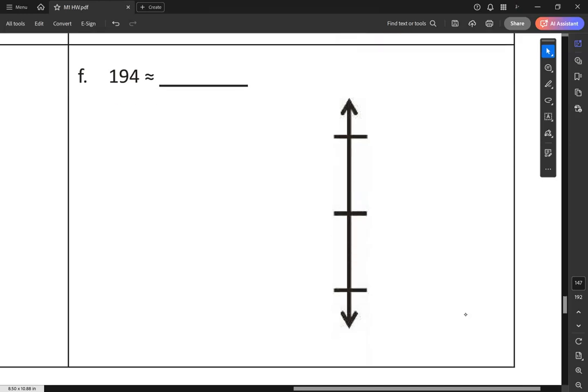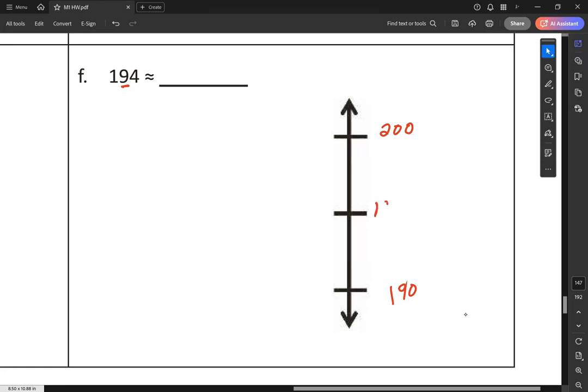Rounding to the nearest 10, which means the 100 is going to stay the same. Now we're looking at 94. What two tens is 94 in between? 90 and, what's 10 more than 90? 200. So what would be our halfway?